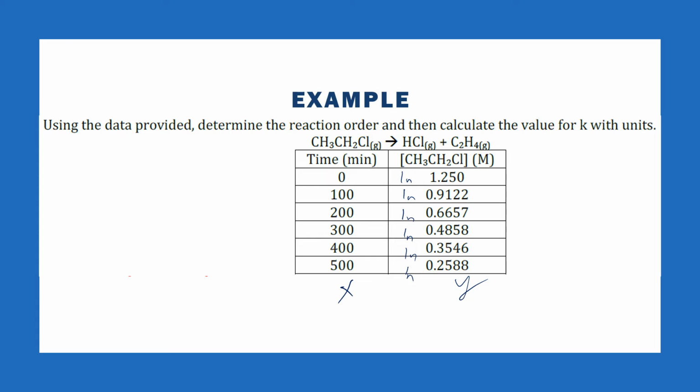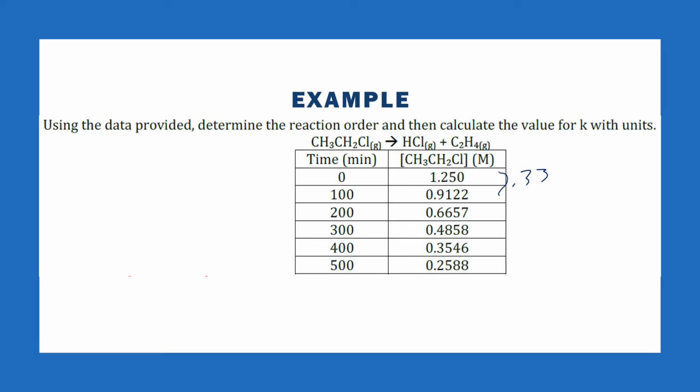But another strategy you could take, if you don't have the capacity for graphing, is to just see what the change is for each of these. Because the change in time is consistent, we can see if the change in concentration is consistent. So I'm going to just subtract, and the difference here is 0.33.